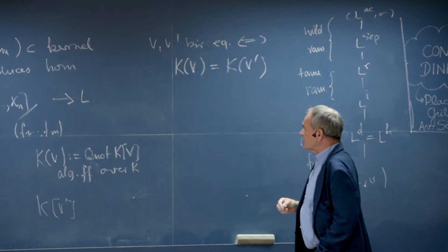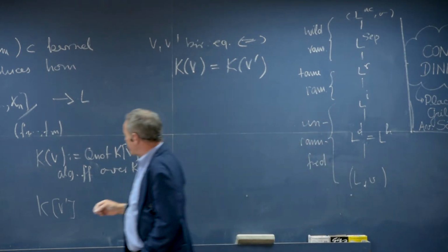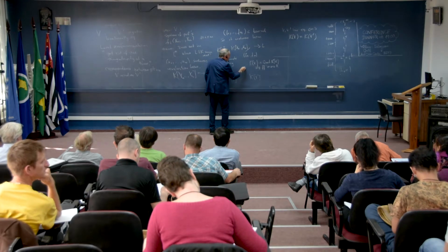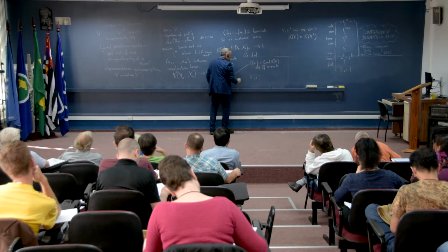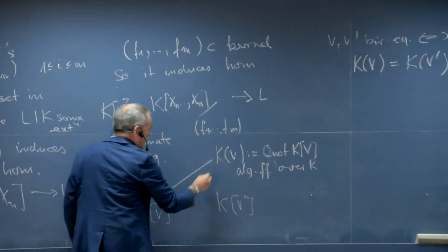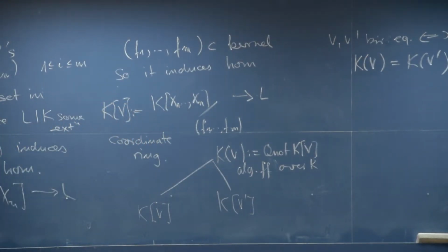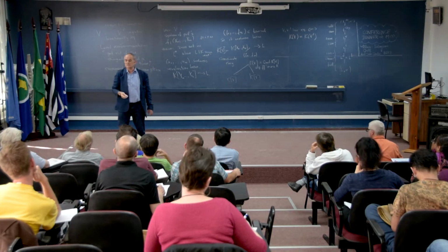So from this you can get the idea: here you have your homomorphism, go up to the function field, it's the same as this one here, and go down here. So extend your homomorphism to a homomorphism of the quotient field.